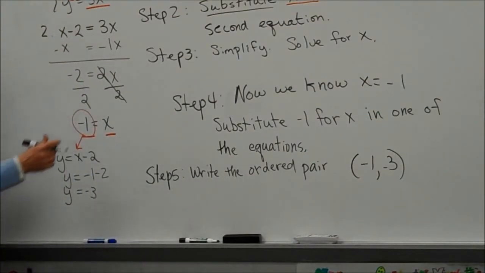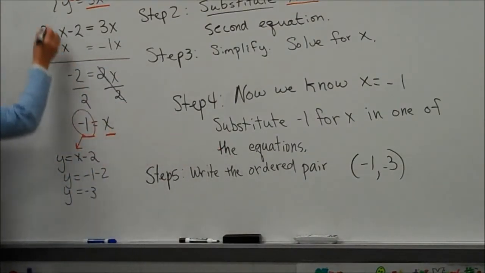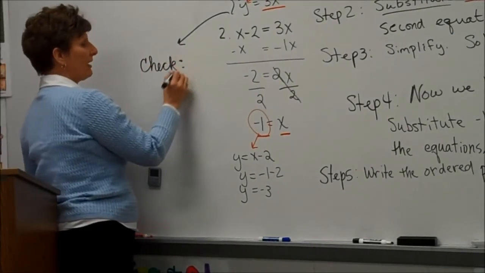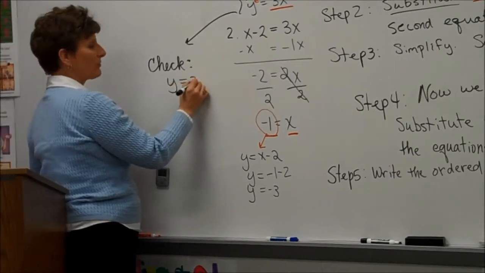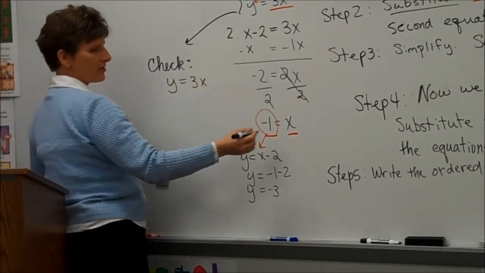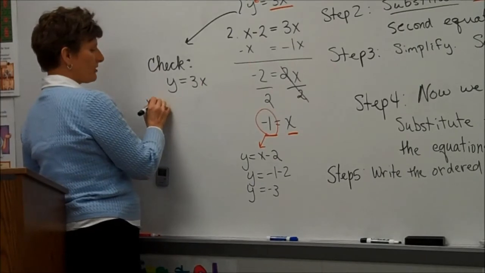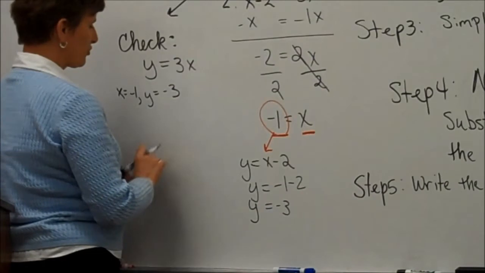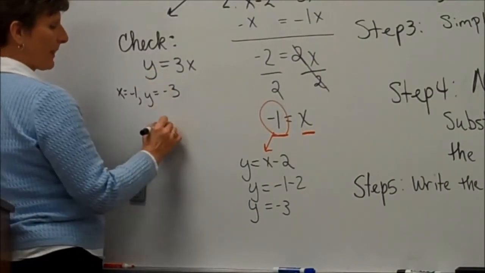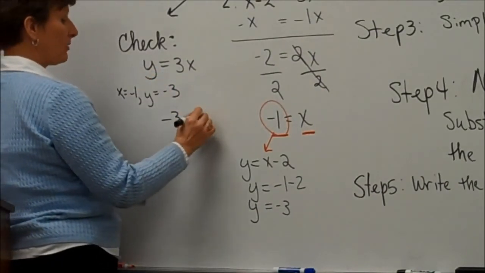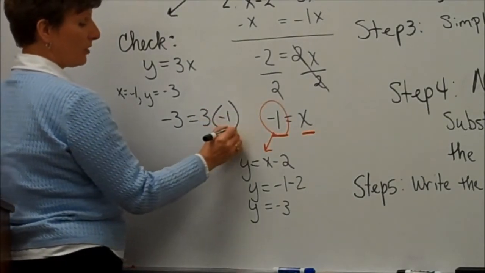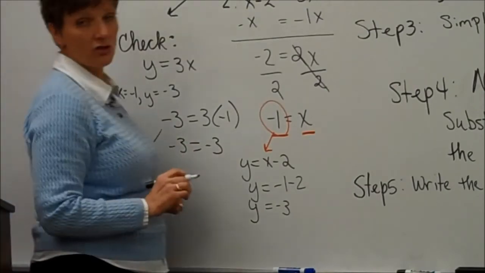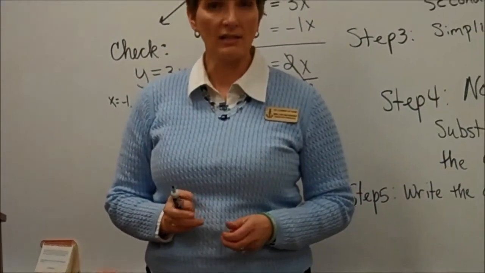To check our solution, we can put our ordered pair into the second equation. So we have the equation y equals 3x. We're going to substitute x equals -1 and y equals -3 into this equation, so it becomes -3 equals 3 times -1, and 3 times -1 does equal -3, so it does check. This is the first example.